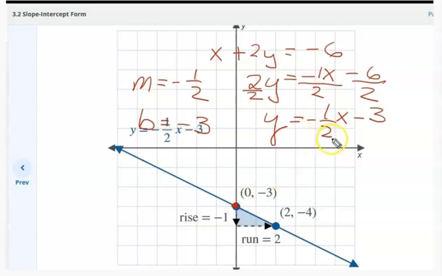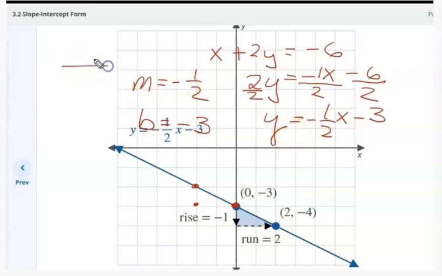There's other ways, but I do the run first, which is negative. So a negative 2. Over negative 2, I get a dot there, mentally. And my rise is 1. I go up there. And there's my second point. Now, can you also go down 1 and over 2? Absolutely. That's another way of doing it.